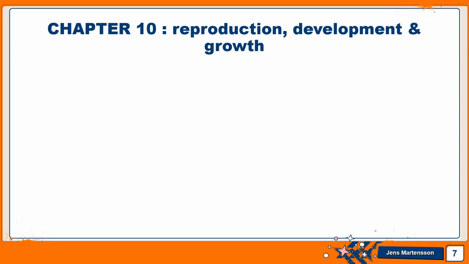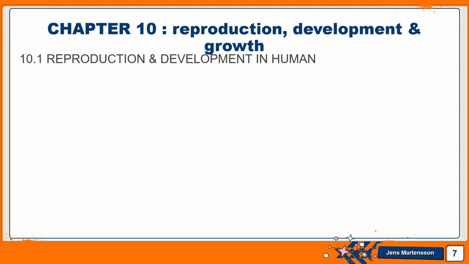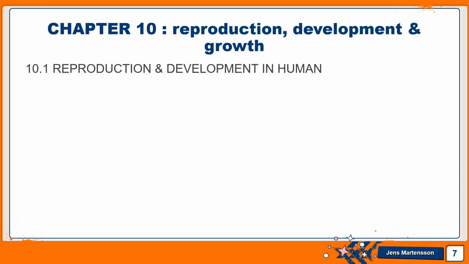So the first topic you have to learn about is reproduction and development in human. This chapter, reproduction, I think many people like it. I know that many people like it, but in this chapter, reproduction in human is not easy like SPM.